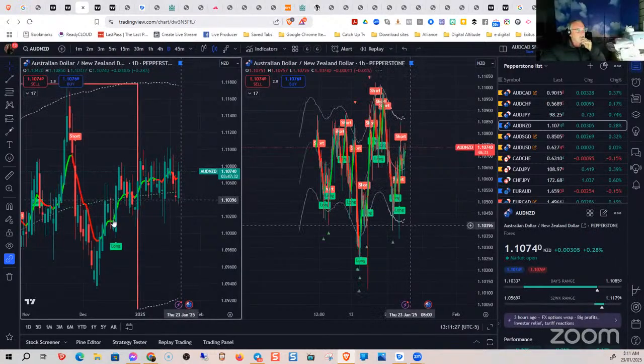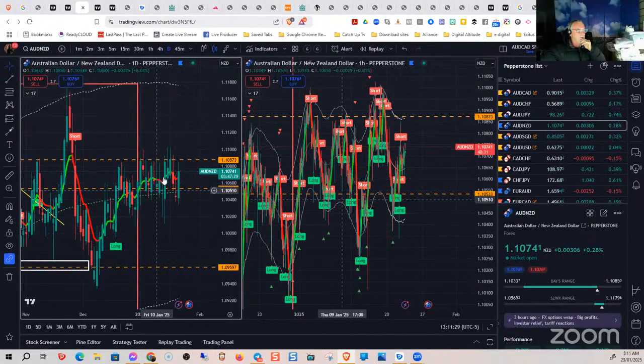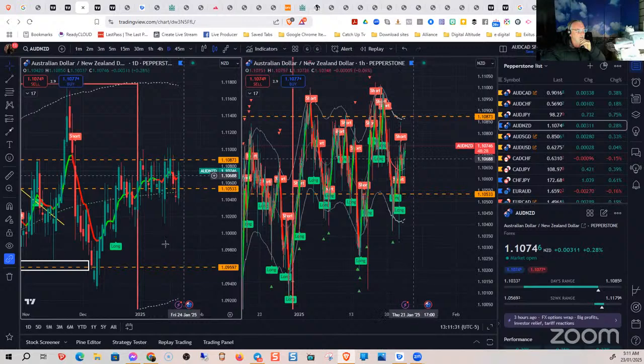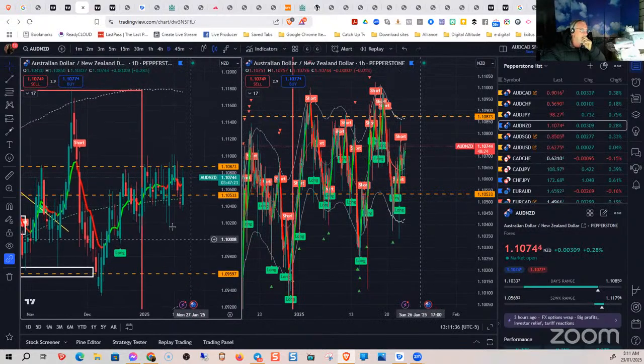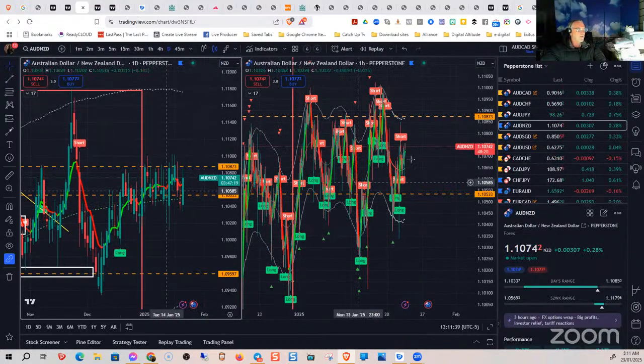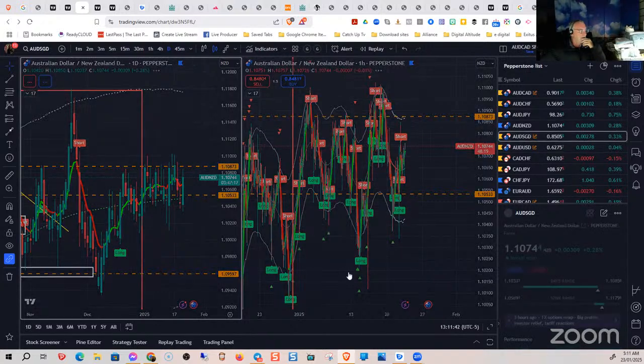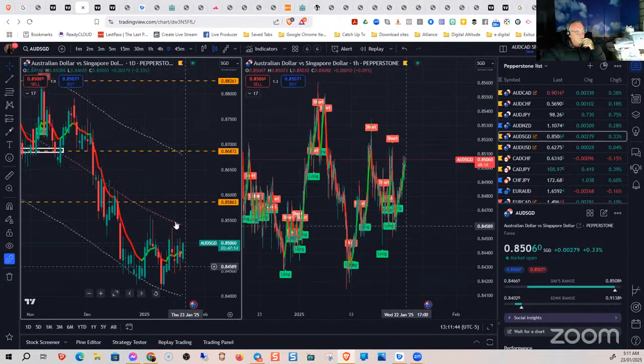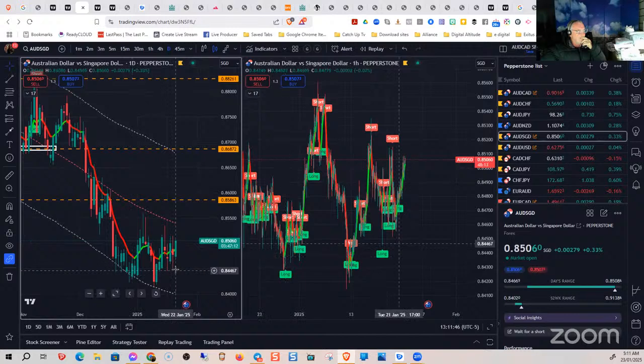AUD NZD, as I was just saying, it's still moving sideways. It's red, green along there, but it's flattening out against the New Zealand dollar. It's just typical for that pair. AUD SGD, we don't have a long or anything.